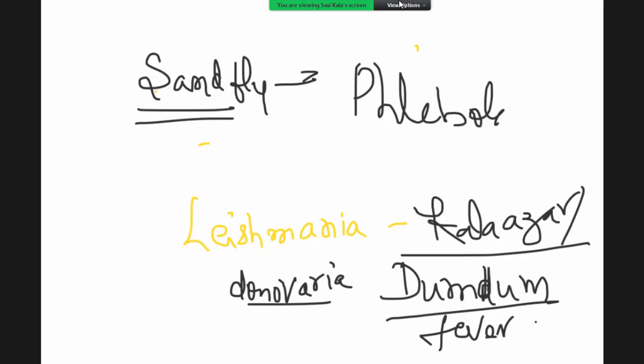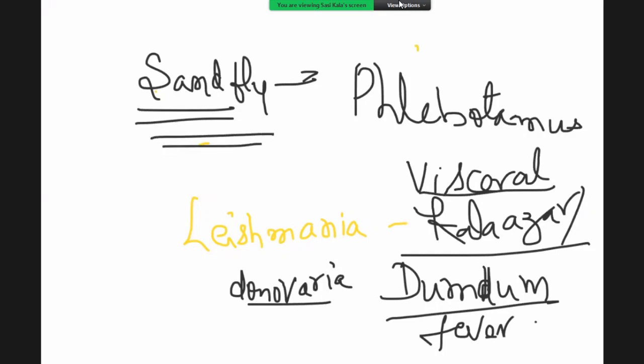Phlebotomus is commonly called sand fly. Okay? And this is vector-borne. It is a blood-sucking insect. By the bite, this protozoan parasite Leishmania donovani enters into the human body.